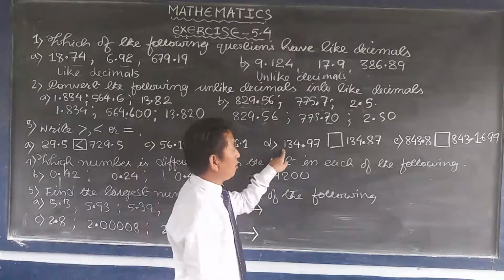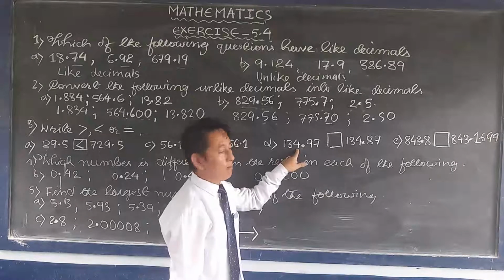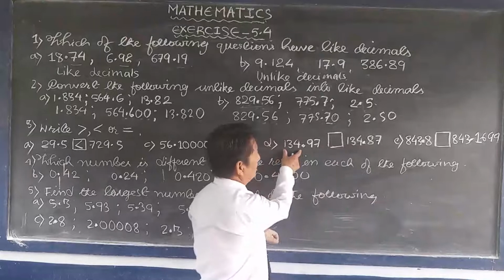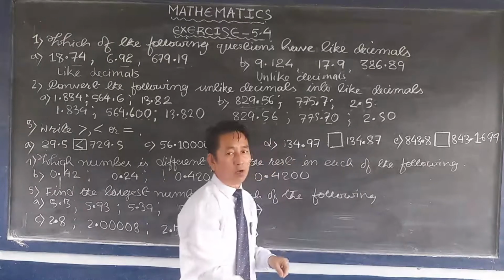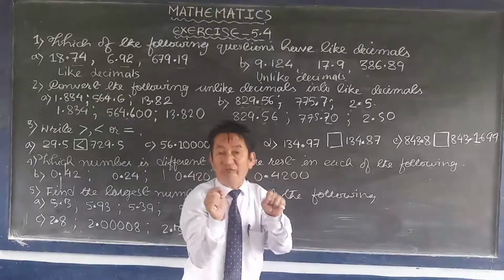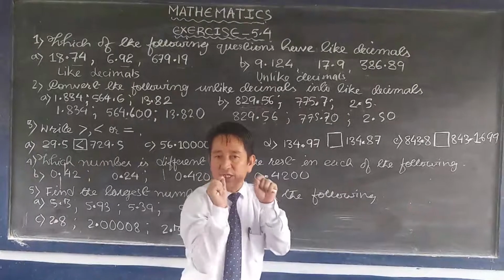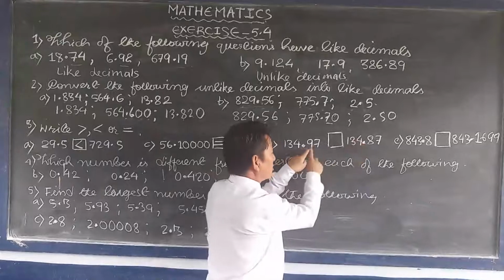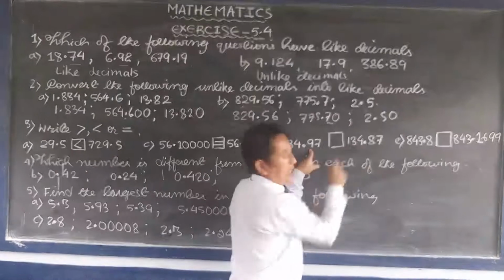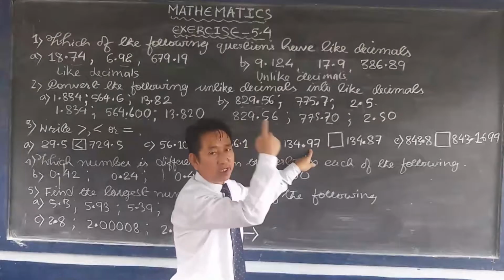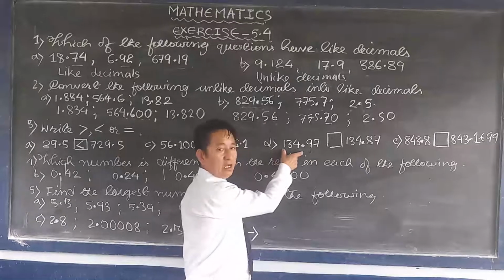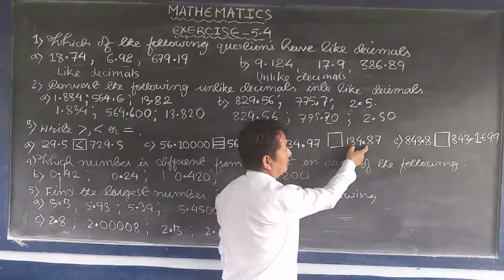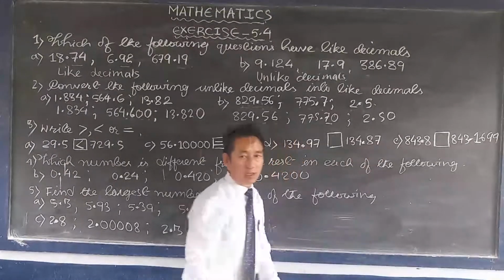Now D here: 134.97. Here also the whole number is the same, 134 and 134. So we will compare the first digit after the decimal point. Decimal point here, decimal point here. First digit here is 9, here 8. So 9 is more than 8. So 134.97 is greater than 134.87.